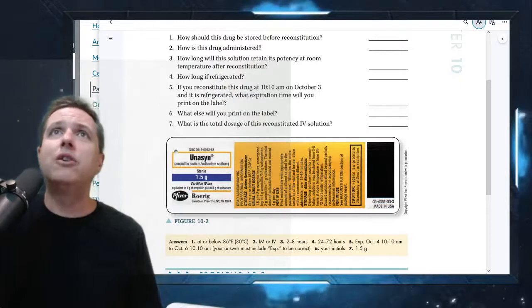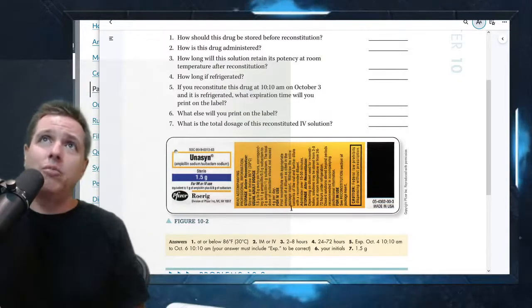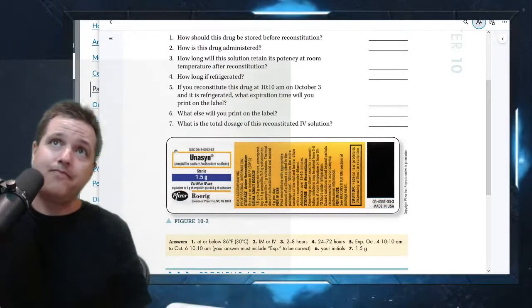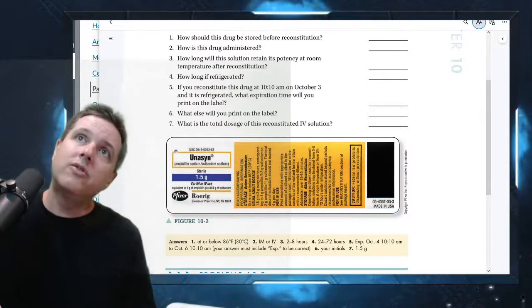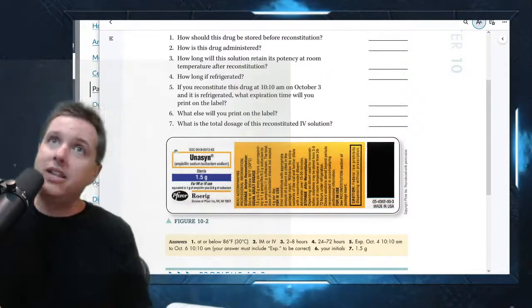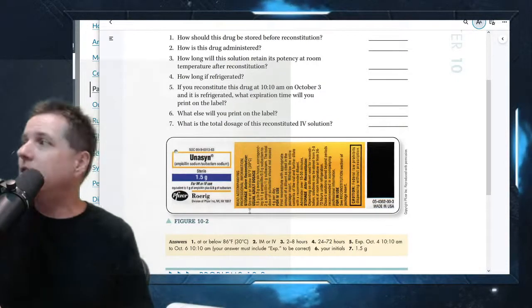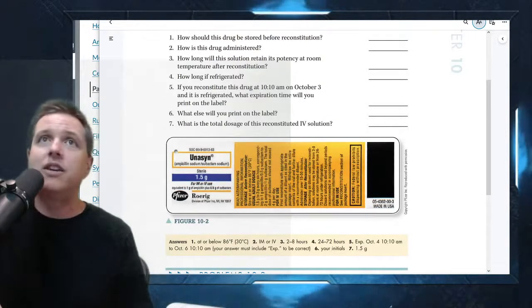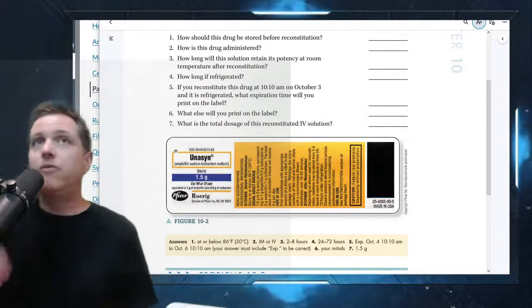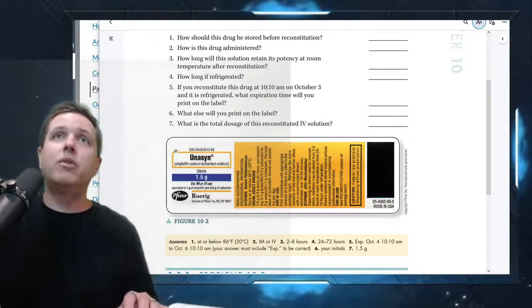So let's see. How should this drug be stored before reconstitution? So it says right here, storage before reconstitution. I don't know if you can tilt your head, but see where my cursor is? You can kind of see right there.